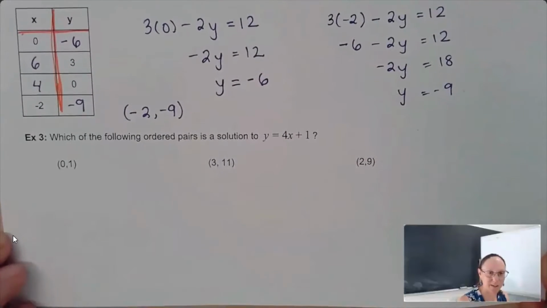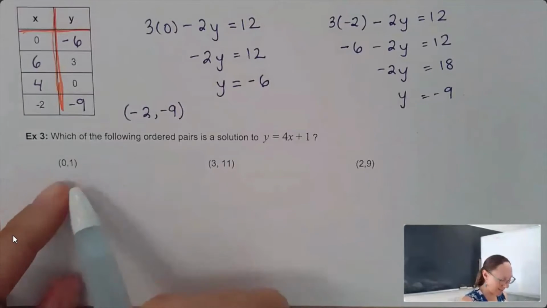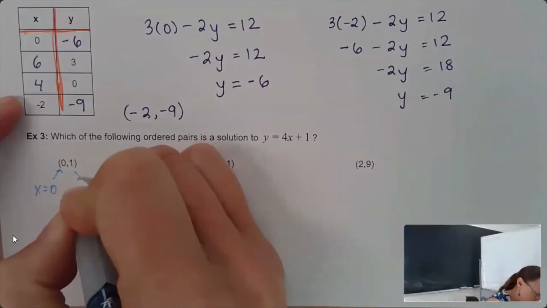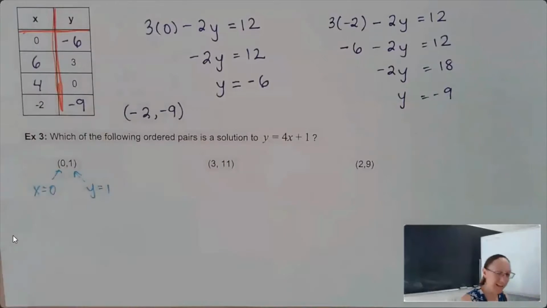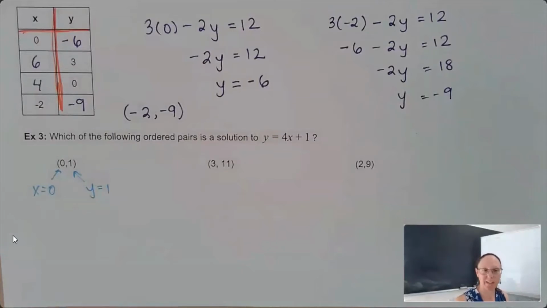Moving on to example 3. The question is asking us which of the following ordered pairs is a solution to y equals 4x plus 1. Well, the ordered pair being a solution to the equation would mean that when we take these values of x equals 0, y equals negative 1, if we plug them into the equation, both sides of the equation would need to be equal.